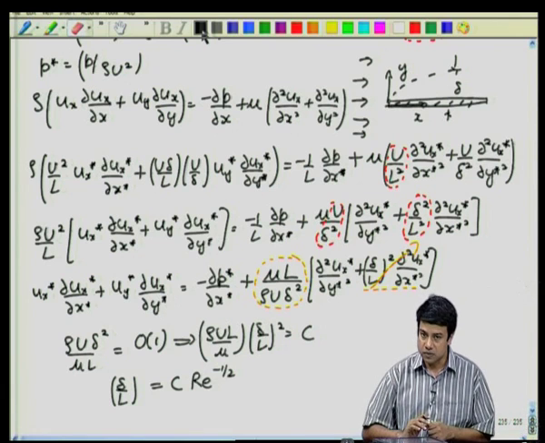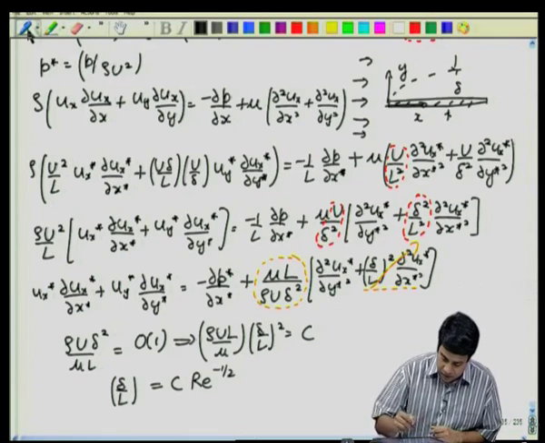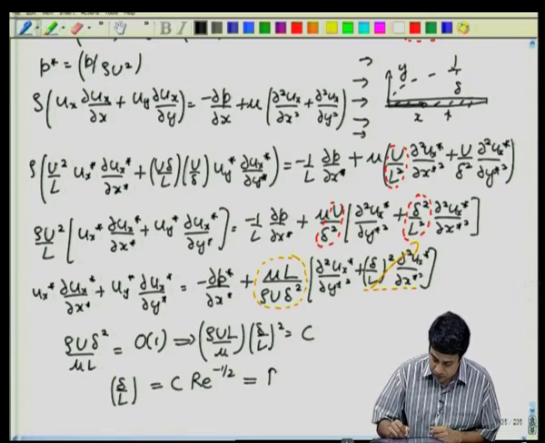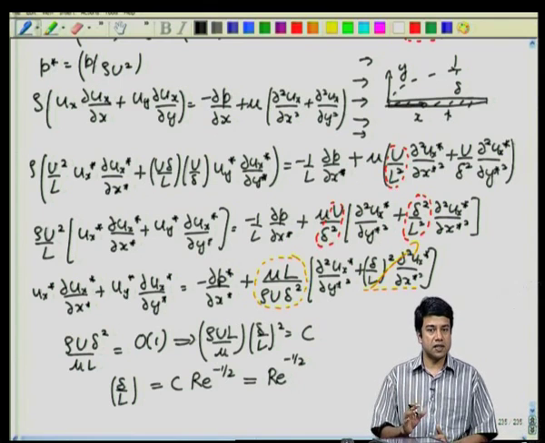So, without loss of generality, you can just set this constant as 1 and write delta by L is equal to Re to the power minus half. Any value of the constant will change the solution expressed in terms of the scaled variable, because I am using this delta to scale the variables.